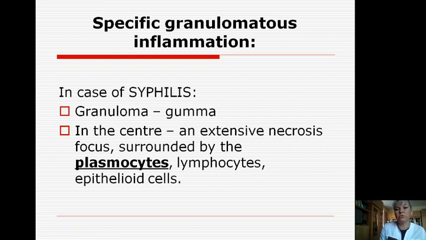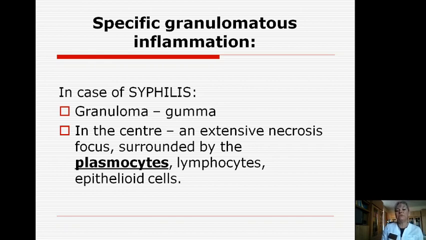specific granulomatous disease, syphilis. In a short period, we see formation of a granuloma called gumma. Gumma has a large size, about several centimeters, 5-7 centimeters, in the soft tissues and bones and in many internal organs.